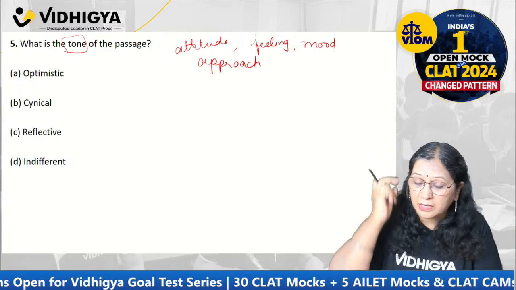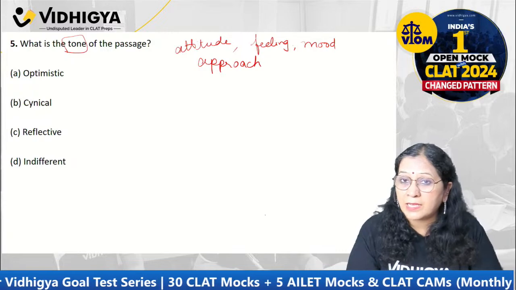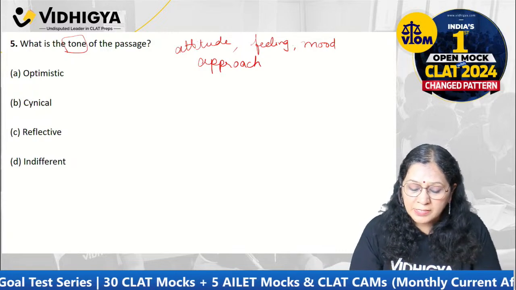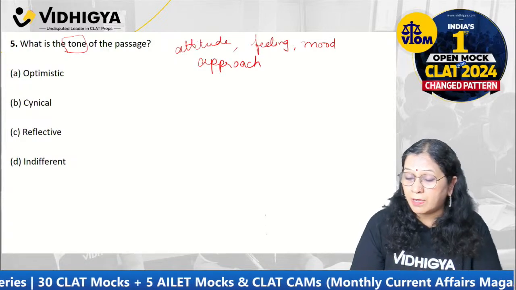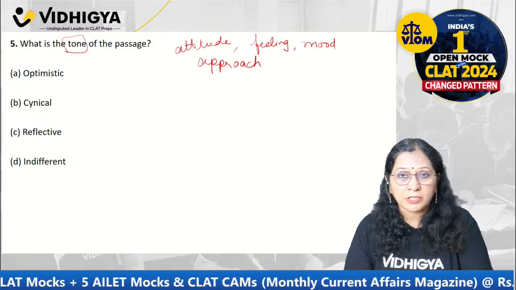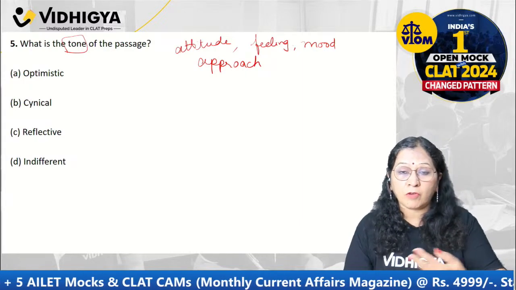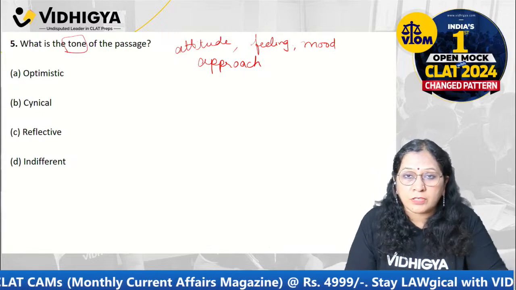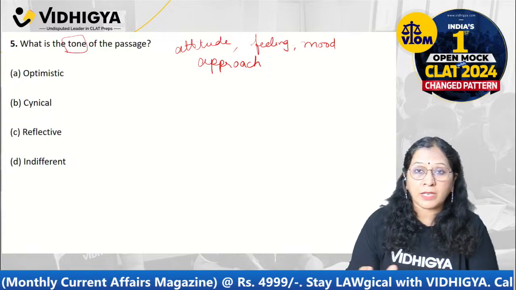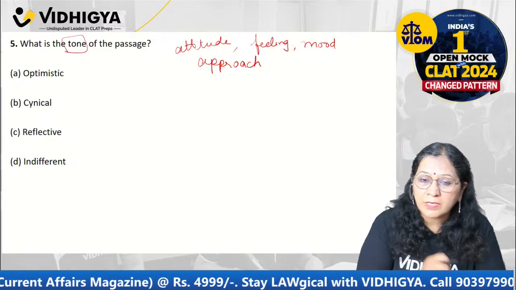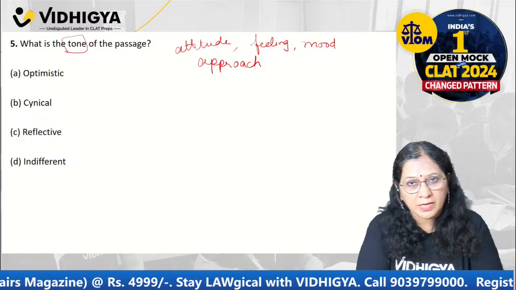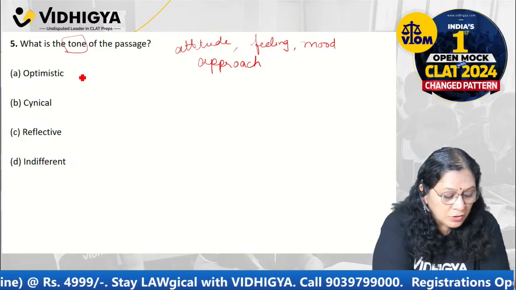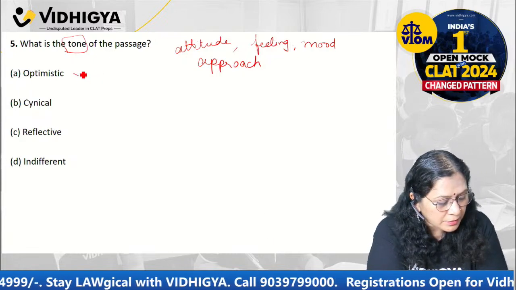So was he very outraged, was he very angry about it, right? Questions like that. So was he very optimistic that yes, facial recognition technology, what all can be achieved in the future? So was he talking about how in future we are going to achieve something very good? No, he was giving us examples to show something else. So optimistic will not be the answer.